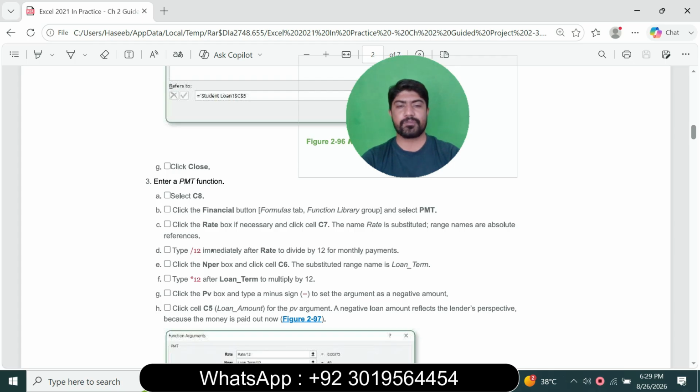Click the PV box, type a minus sign to set the argument as a negative amount, and click cell C5 for the PV argument. The negative loan amount reflects the lender's perspective because the money is paid out now.